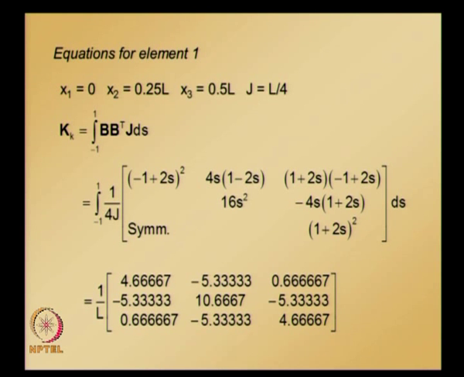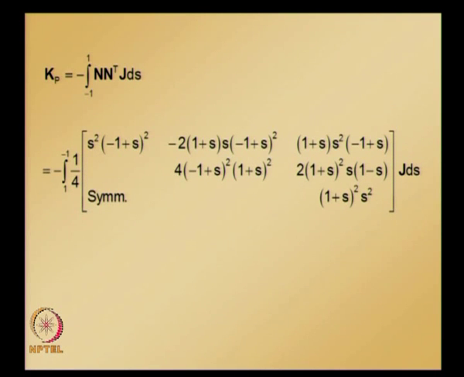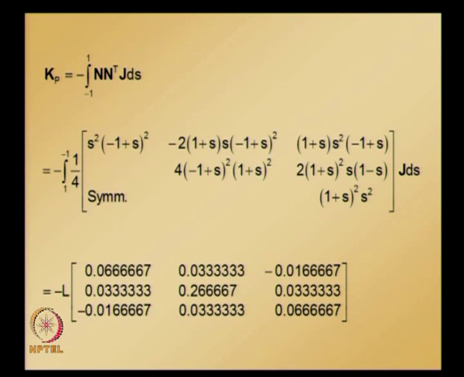Now we need to compute Kp. Kp is the integral from minus 1 to 1 of N transpose J ds. Substituting the vector of shape functions, we get this. J is again L over 4, and substituting the J value and further simplifying by integrating, we get this.